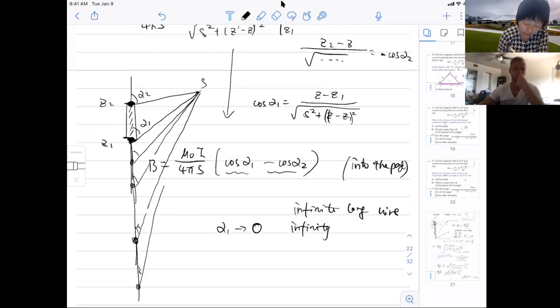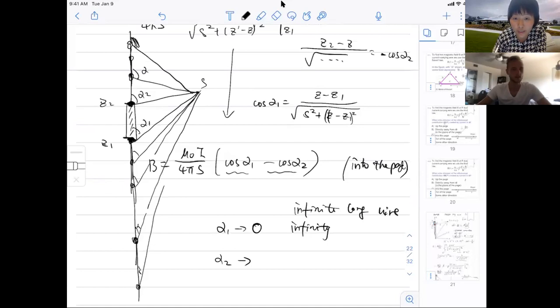Okay, so now let's look at alpha 2. Alpha 2 is this. Now, if your wire extends up, this is alpha 2. And the higher that you go, alpha 2 becomes bigger. So what does alpha 2 become if you have an infinite wire? Minus cosine of alpha 2 becomes minus 1. Yeah, it becomes pi.